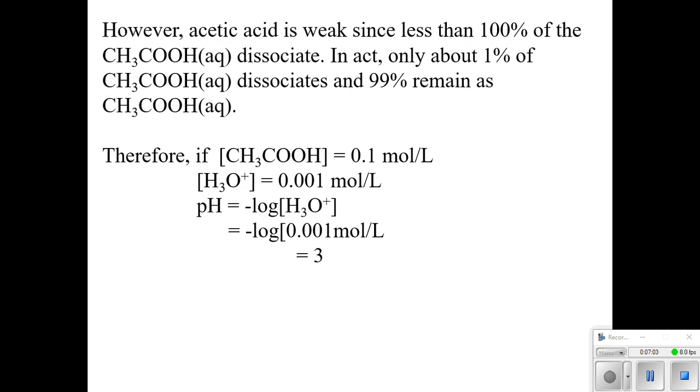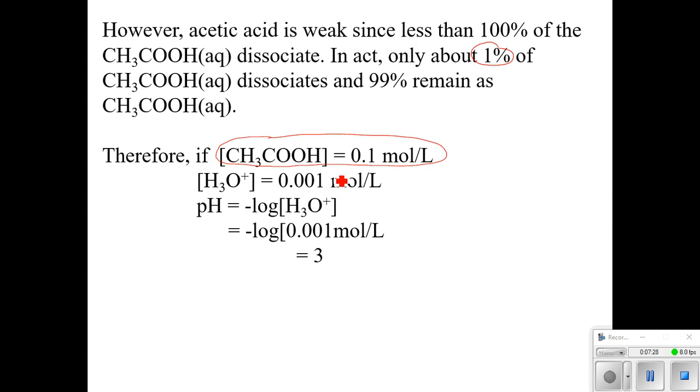For the acetic acid, you wouldn't have to do a calculation like this for Science 30, but I did mention already that it's only about 1%, so 1/100th of that. So now this is exactly the same concentration as the hydrochloric acid. So we have two acids that have the same concentration, hydrochloric acid and acetic acid. But one is a strong acid, one is a weak acid.